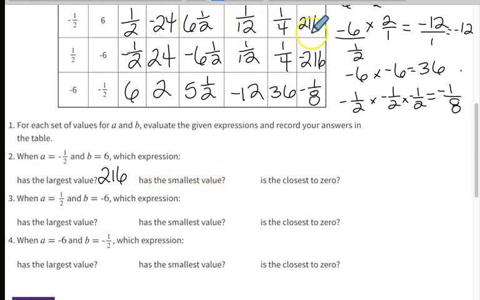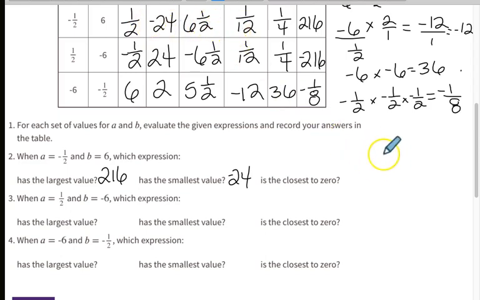Well, negative 24 is the smallest out of all of those. And which one is closest to 0? 1/2 is close to 0. It's closer than negative 24. It's closer than 6.5. But 1/12 is actually closer to 0 than 1/2.